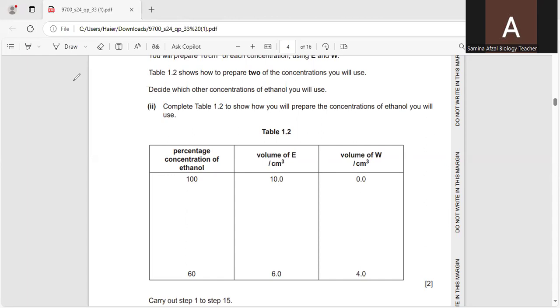For the 100 percent concentration of ethanol, the volume of ethanol is 10 cubic centimeters, and they have not added any water, using pure 100% ethanol. For the 60 concentration, the volume of ethanol used is 6 cubic centimeters, whereas the volume of water used is 4. So we have to make 3 more concentrations, which should be between 100 and 60.